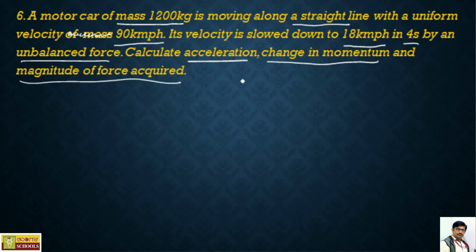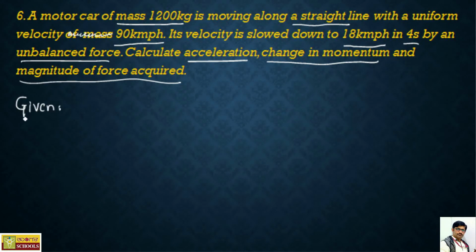So these are the three physical quantities they have asked for here. Acceleration you need to find out, change in the momentum, as well as magnitude of force acquired by the motor car. Okay, so what are the given physical quantities here?